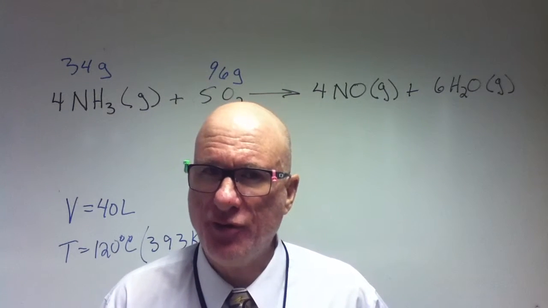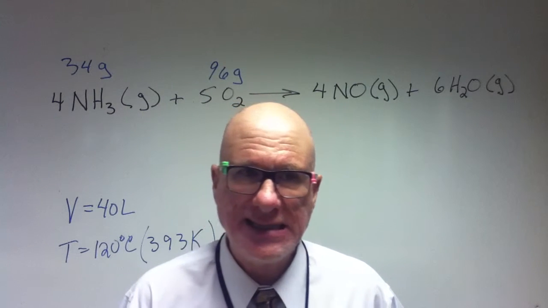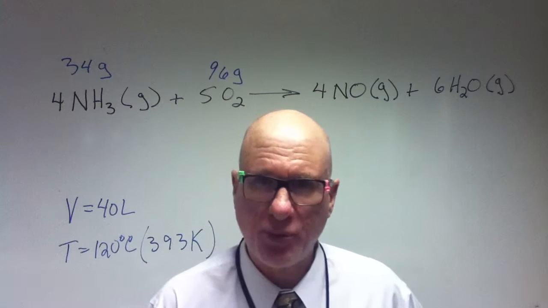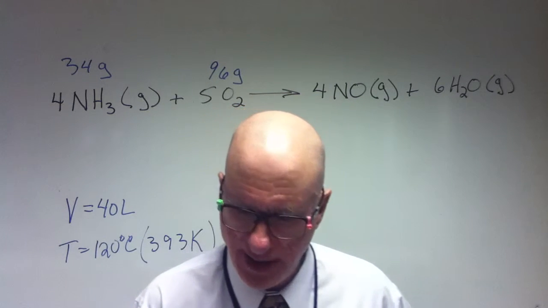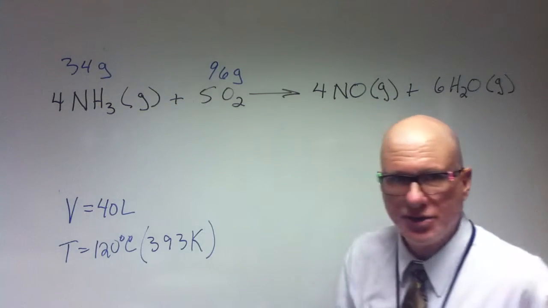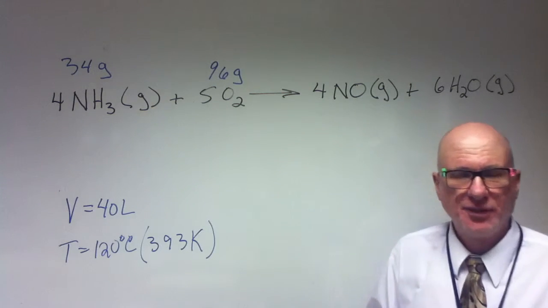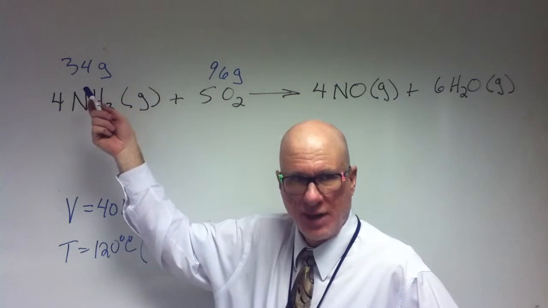So it says when 34 grams of ammonia, NH3, reacts with 96 grams of oxygen, O2, what is the partial pressure of the nitrogen monoxide in the sealed container? So in other words, I need to know the partial pressure of that, correct? Now, I'm given mass, right?